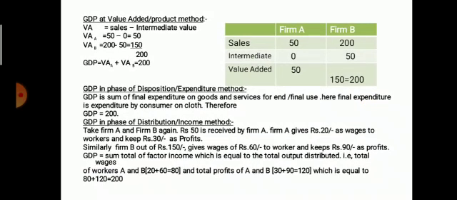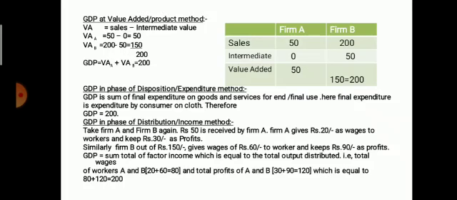See in the firm B column, sales of firm B to the ultimate consumer, when he produces the cloth, he sells it to the ultimate consumer at 200 rupees. Intermediate goods 50 rupees, that is he has purchased from firm A at the cost of 50. So value added is what? Sales minus the intermediate value, 200 minus 50 gives you 150.